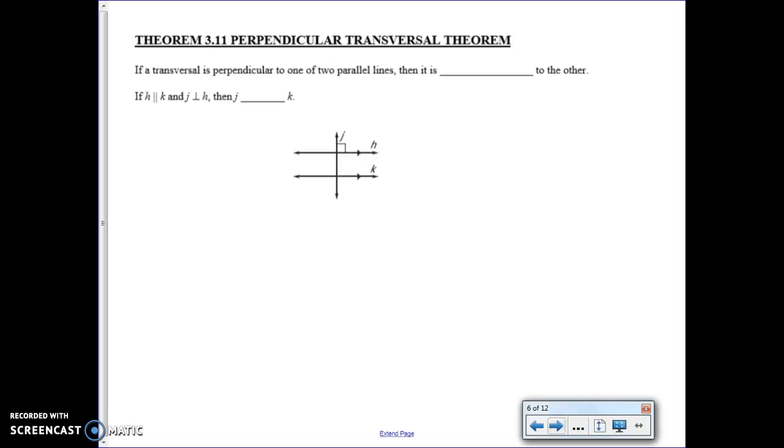All right, perpendicular transversal theorem says if a transversal is perpendicular to one of two parallel lines, then we know that it also has to be perpendicular to the other one. Let's go over this with an example.